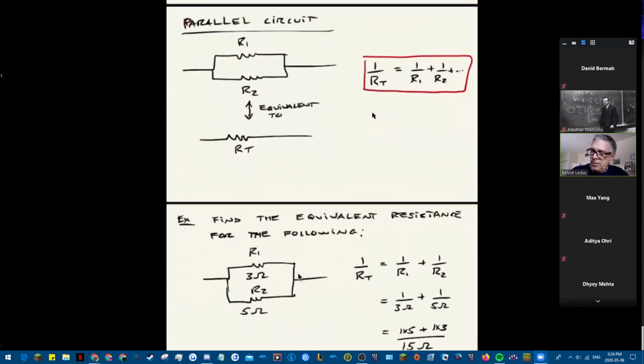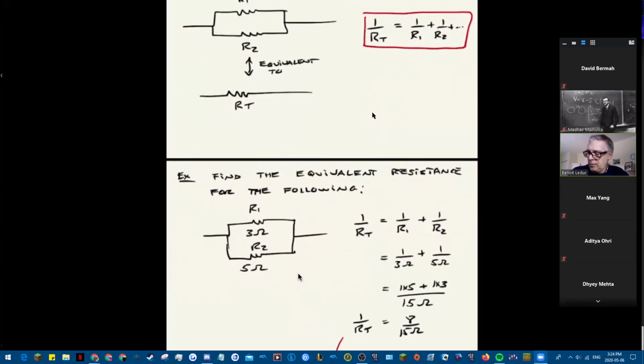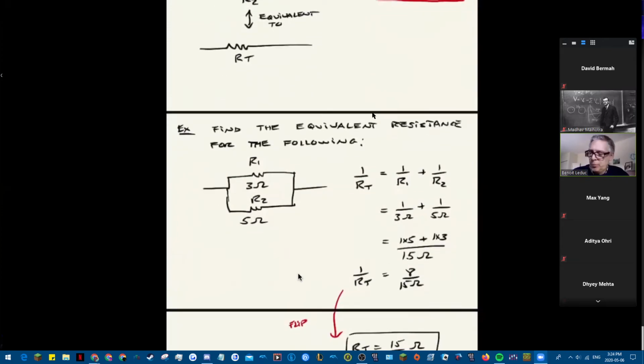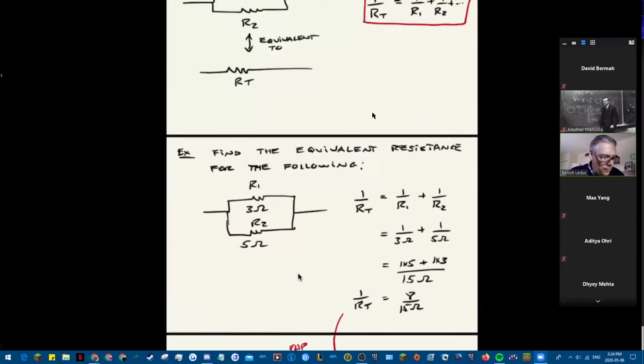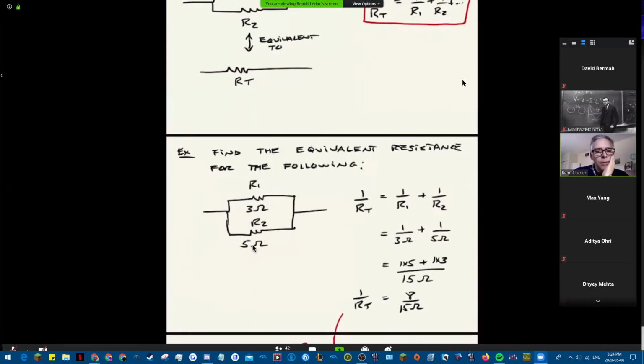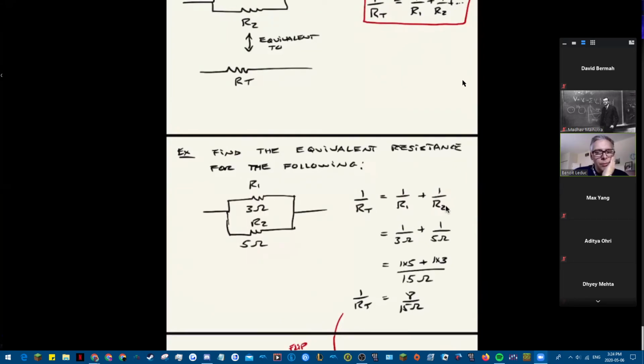So this is just an example here. I would prefer, guys, that you do things in fractions. Don't do it in decimals as much as you can. Find the equivalent resistance for the following circuit. So you have a 3 ohm resistor in parallel with a 5 ohm resistor. The equation is just this.